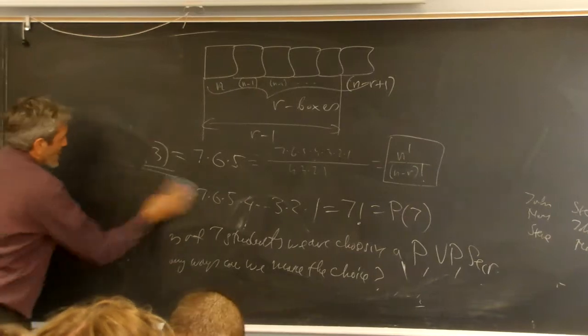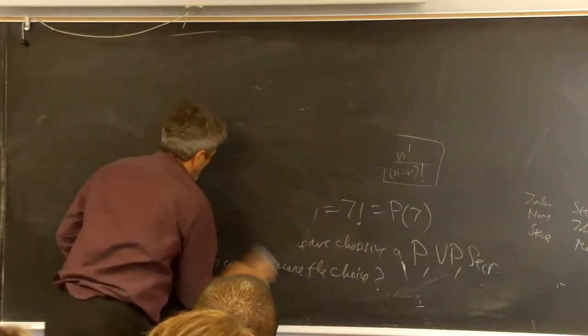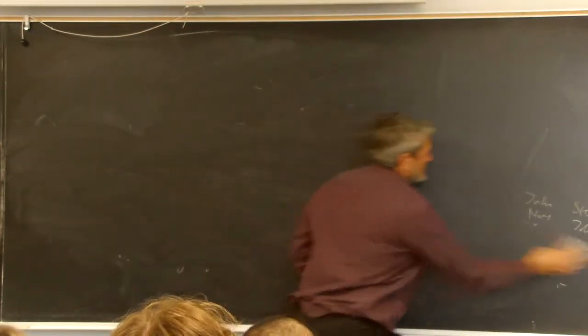So that's general one. So we said there are 6 seats for 6 persons. So it's P of 6.